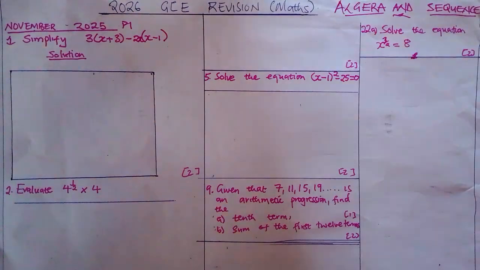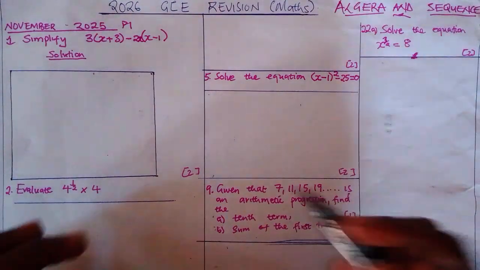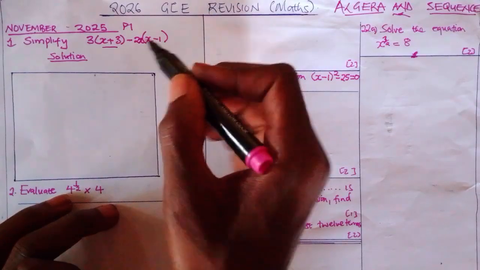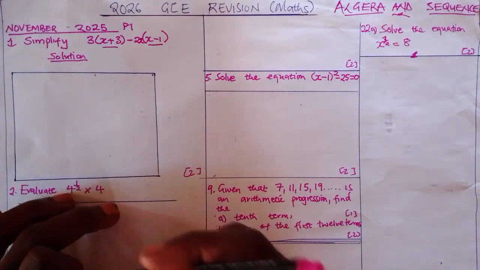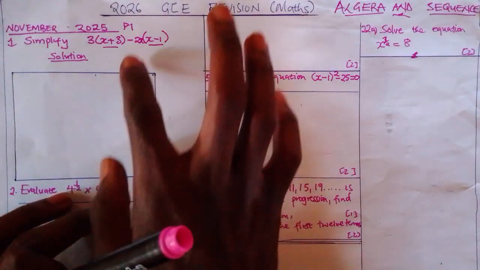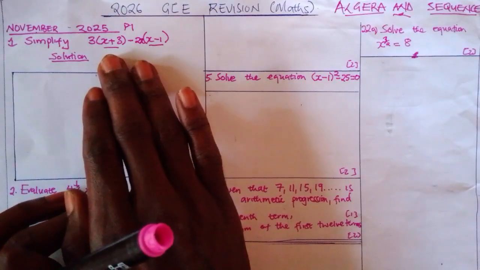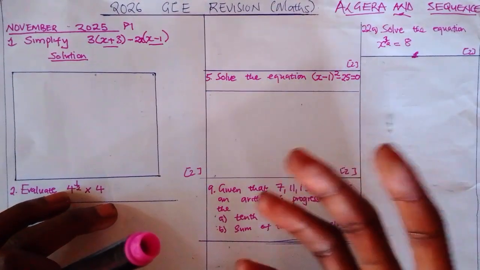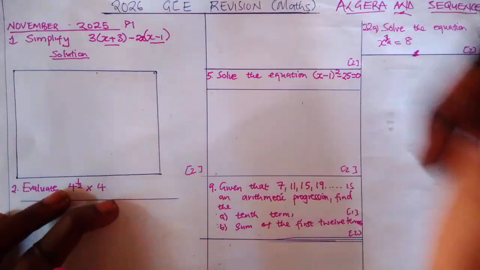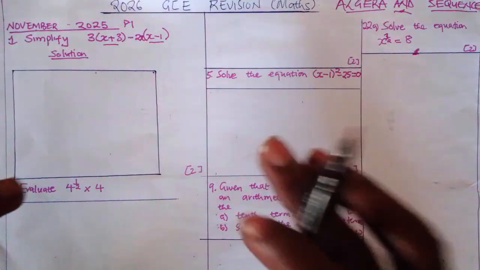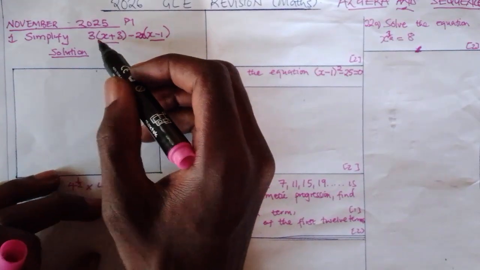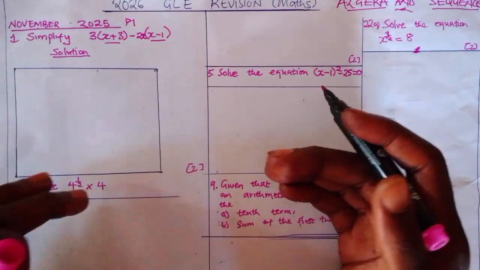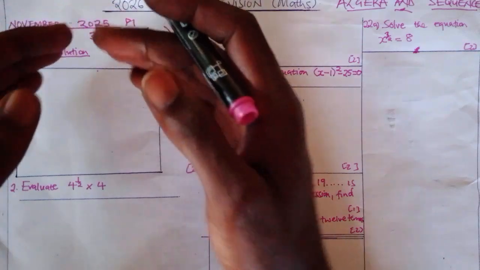In our case, what do we have inside the bracket? We have x plus 3 and x minus 1. So how can you get whatever is inside the bracket outside? We can get this by multiplying this number with everything inside the bracket. We want to get those things outside.